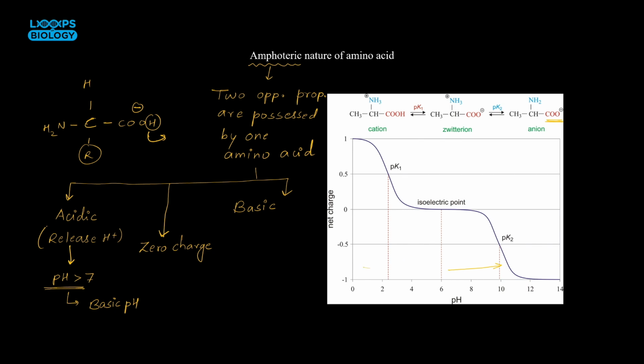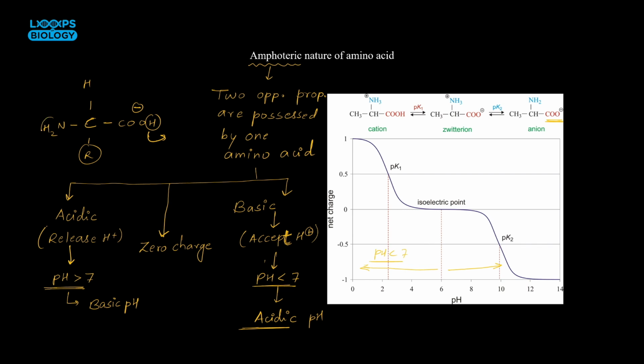While whenever I am reducing down the pH below 7, in this case it will accept H+ to act as your base. It will accept H+ to act as base when in the surrounding the pH is below 7. So there is acidic pH. So in case of acidic pH, amino acid acts as a base, while in case of basic pH, amino acid acts as your acid.